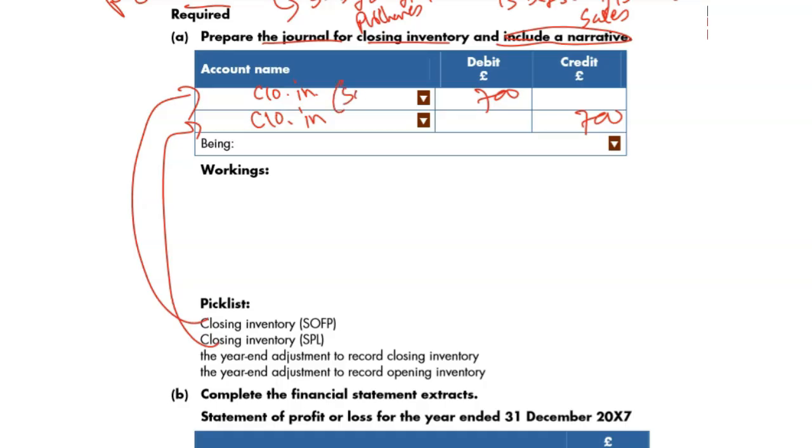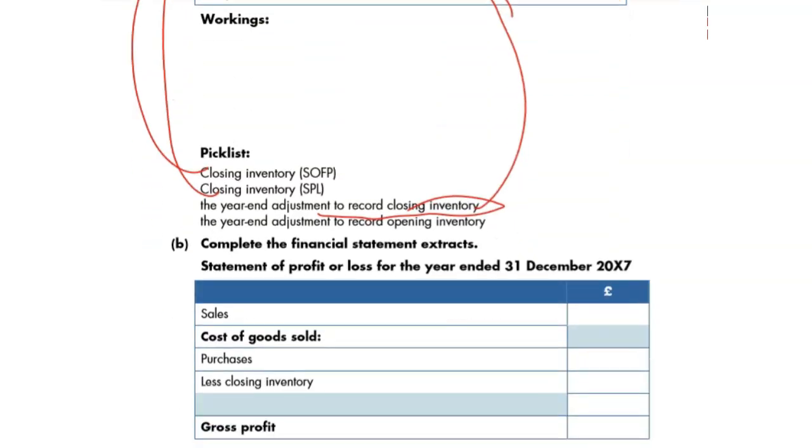In the SOFP, statement of financial position, because it's a current asset, it's a debit. And in the SPL, we're taking it away from COGS, cost of goods sold, that's why this is a credit. Now, what is the narrative? It's a recording of your closing inventory, being the year-end adjustment to record the closing inventory. That's my narrative. That's my full marks.